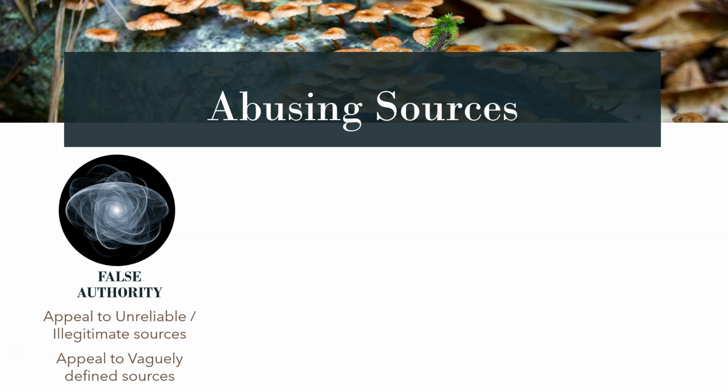Similarly, vague sources like experts agree or politicians argue against. So you can see how that kind of use of reference to vague or undefined sources could constitute an ethical fallacy. Again, ethical in terms of appeals to ethos, not in terms of morality or justice.